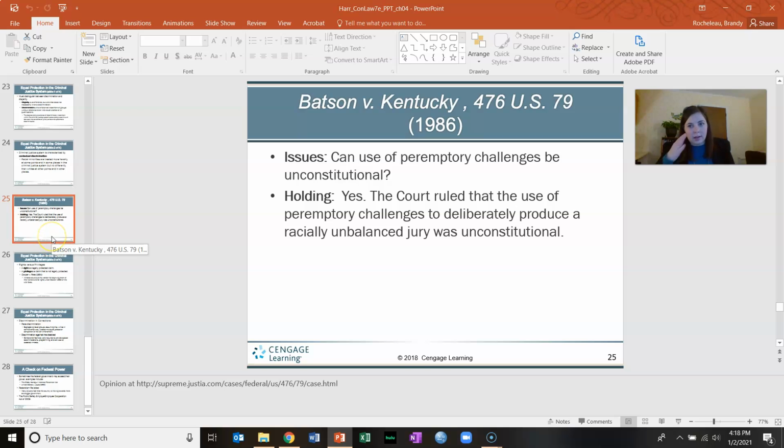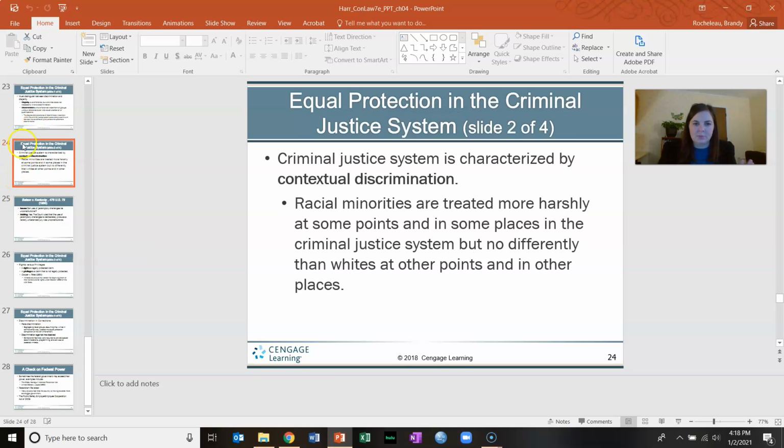And then an important case using the 14th Amendment is Batson versus Kentucky. So the issue here, Batson had all of the black jurors removed from his jury pool. And actually, just really quick before we move back, affirmative action programs are still legal.